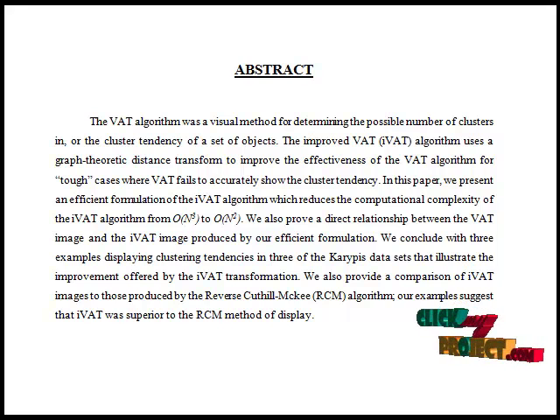The VAT algorithm displays an image of reordered and scaled dissimilarity data. Normally, the dissimilarity data are arranged as a matrix, and every dissimilarity value is considered as a pixel in the VAT algorithm. Each pixel of the grayscale VAT image displays the scaled dissimilarity value of two objects.